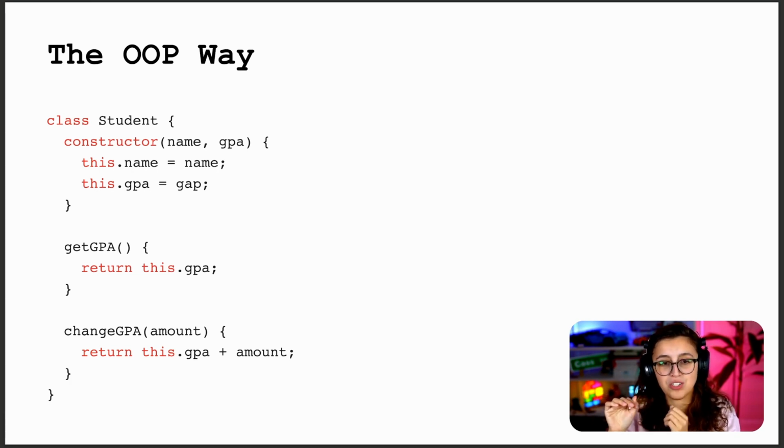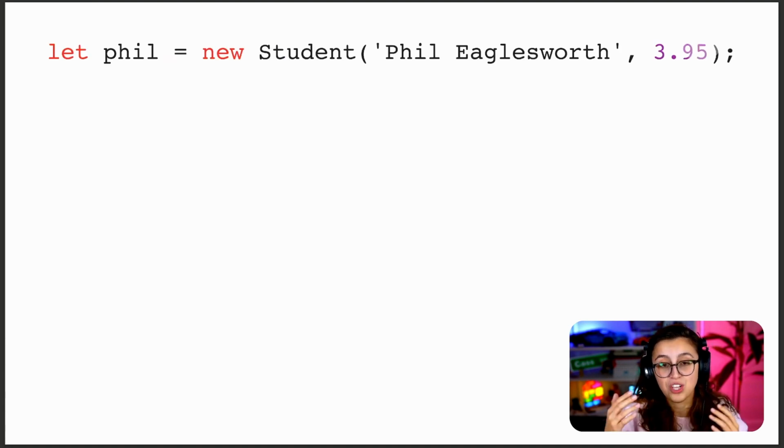And then you would want to get that GPA, and then you would want to change the GPA with these methods that you see here. So beautiful. Anyway, this is how you would do it in the object-oriented way. And if you wanted to create a student, let's just say Phil Eaglesworth, you would create a new student object by initializing it with the name and then with the GPA.